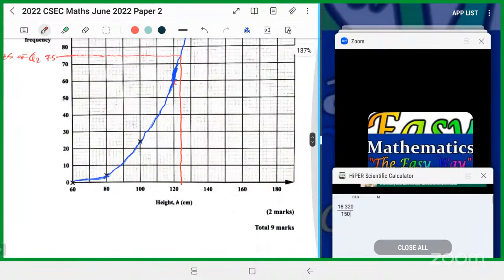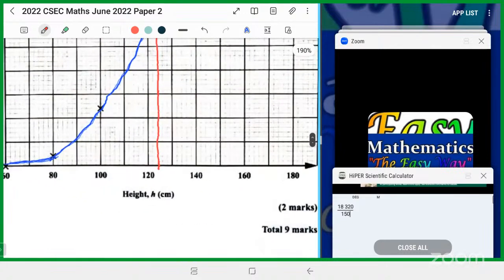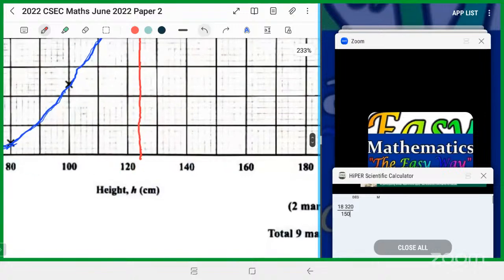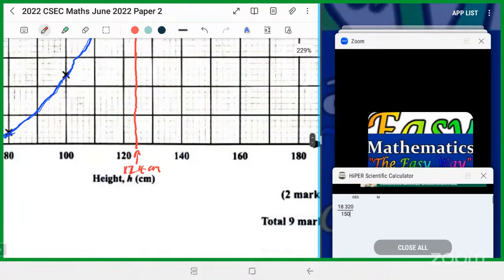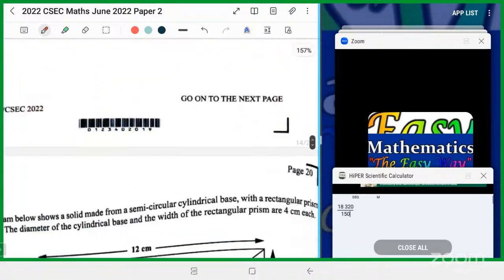And that's 124. So 120, 122, 124, 126, 128, 130. All right, so that's 124. 124 centimeters is the median height. Right there, that's Q2. All right. Let's write it down here.